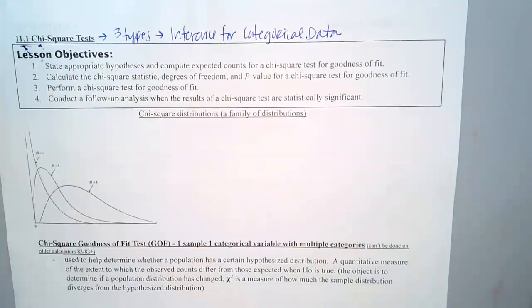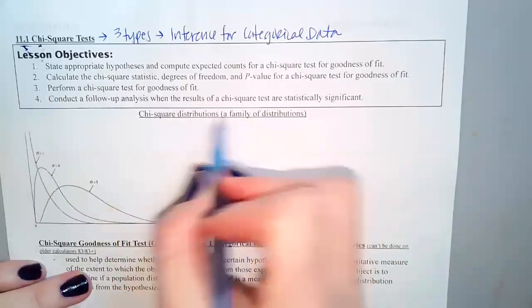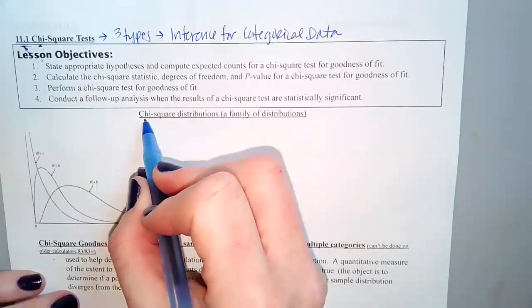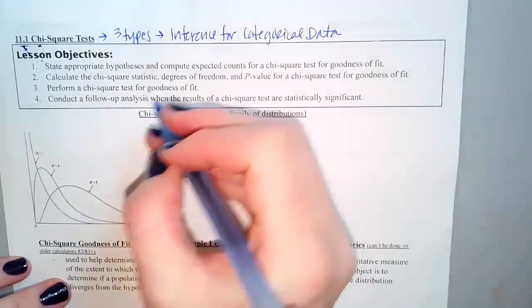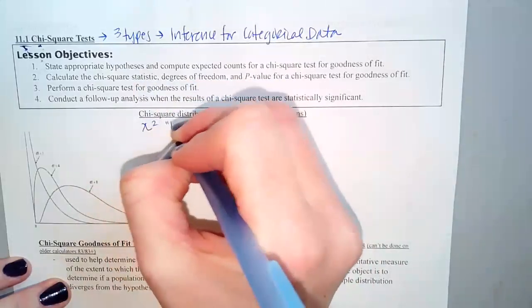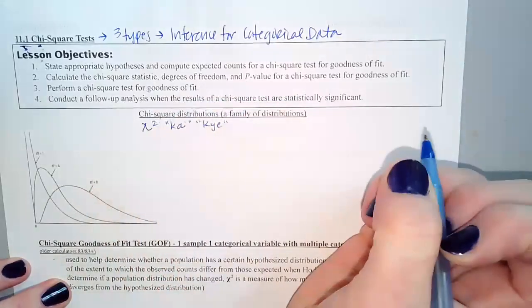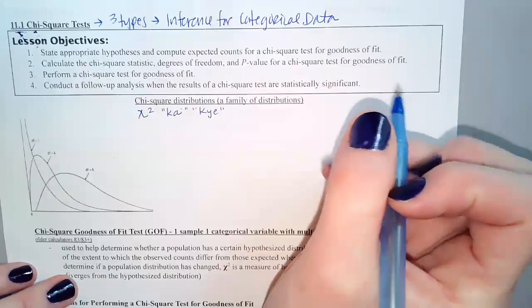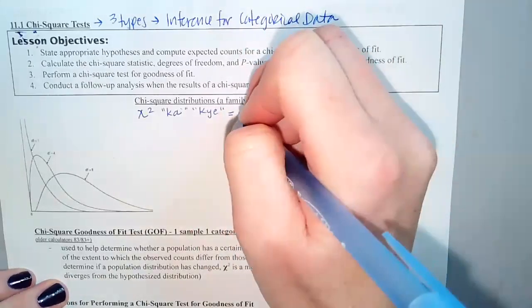Now, before we get started, we need to talk about what this new distribution is. It's called chi-squared. I know it looks like an X, but it's the Greek letter chi. I don't know how you want to phonetically write that, but it's chi-squared. And what chi-squared is, it's a measure of mismatch.